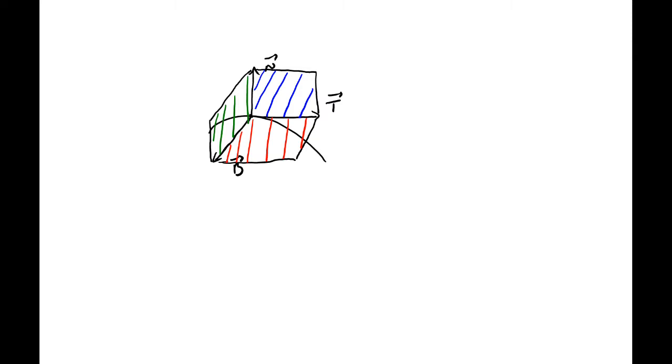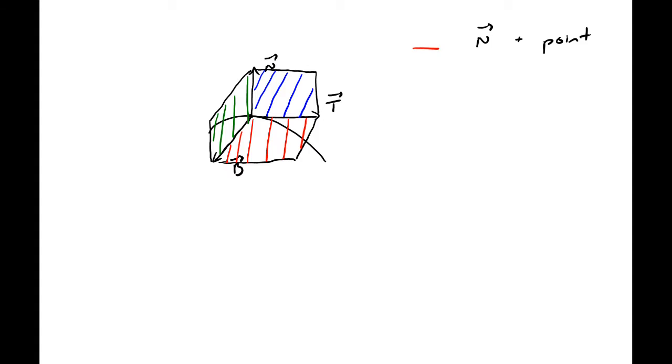So how do we find a tangent plane? To find a tangent plane, which is the red one, we only need a normal vector plus one point on this plane.